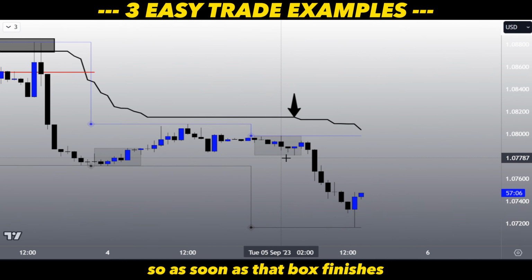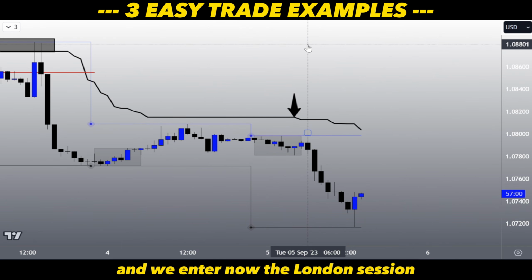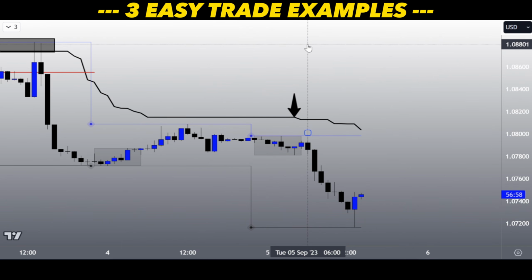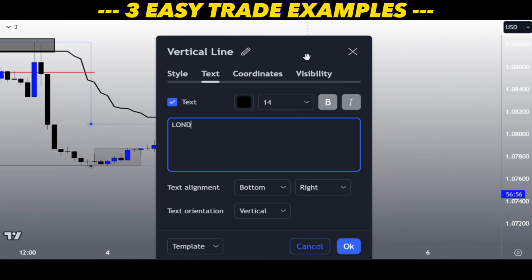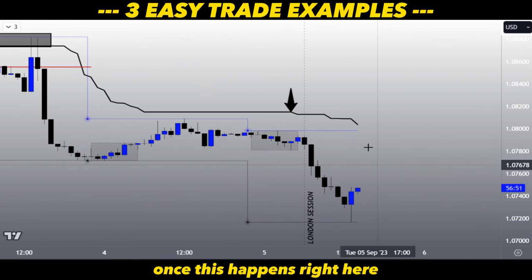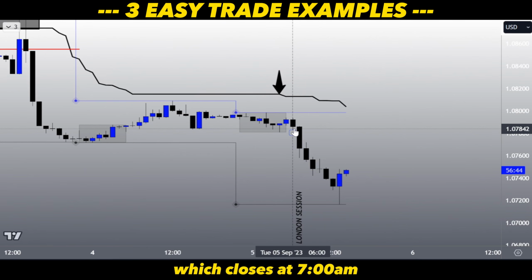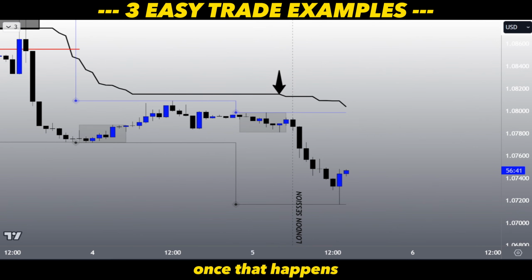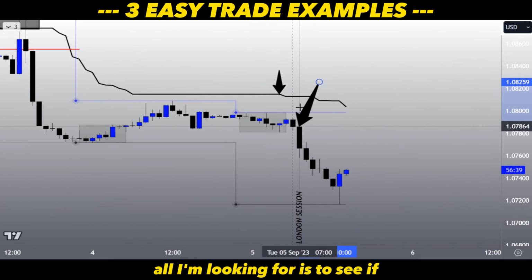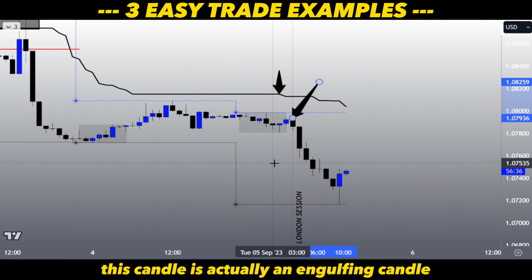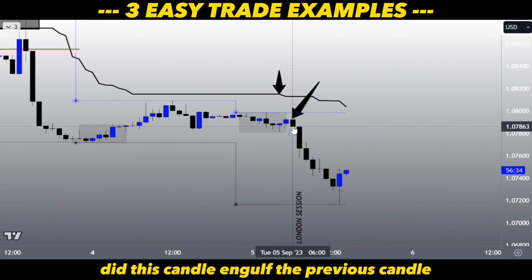So as soon as that box finishes and we enter now the London session, this is the London session. Once this happens, right here, 6 a.m. candle, which closes at 7 a.m. Once that happens, all I'm looking for is to see if this candle is actually an engulfing candle, that this candle engulfs the previous candle.